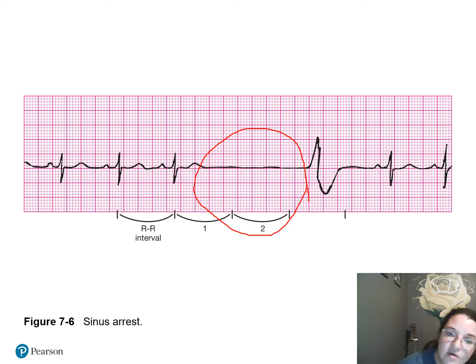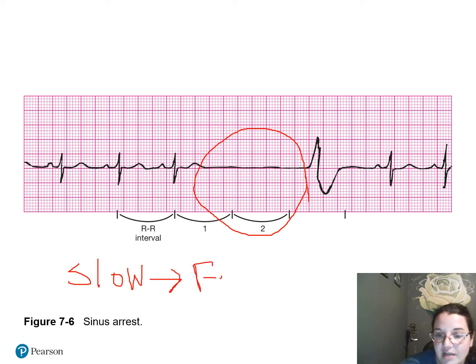And we would remember, if we have a pause, we have to get the range rate, the slowest to the fastest rate, and that's calculating in between your R to R intervals and dividing by 1500 or 300 depending on what method you want to use.